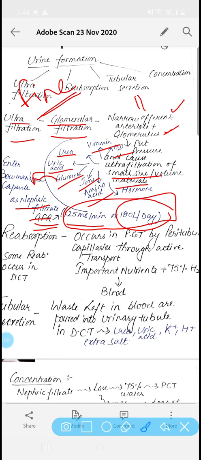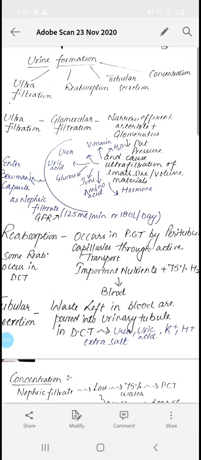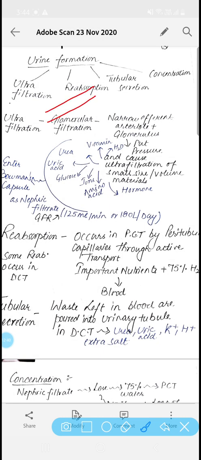So that was the method of ultrafiltration. Ultrafiltration means very fine filtration. Here you have seen the membranes of these filtrates help in the movement of the ions, and then it will lead to the entry of these materials into the Bowman capsule.